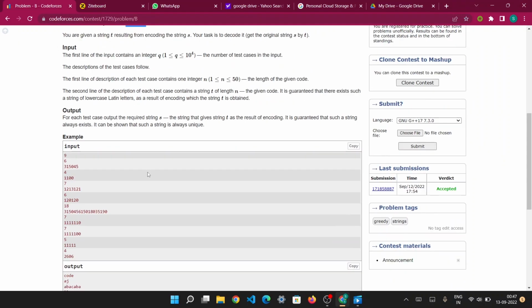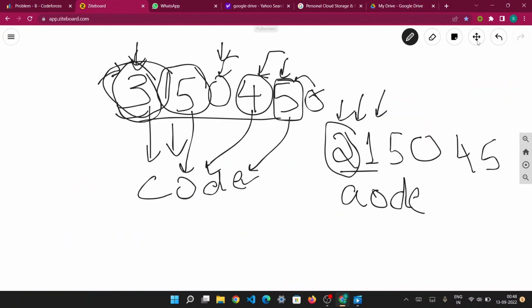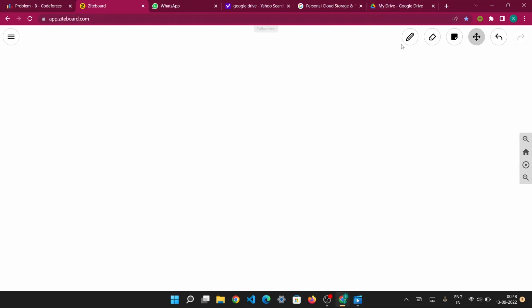Now I think if I solve the test case 7, which is 5 ones followed by 2 zeros, that will help. So let us solve that case. 1, 2, 3, 4, 5 followed by 2 zeros. So the first time I'm going to encounter a 0, I know that it is going to be a two digit number.